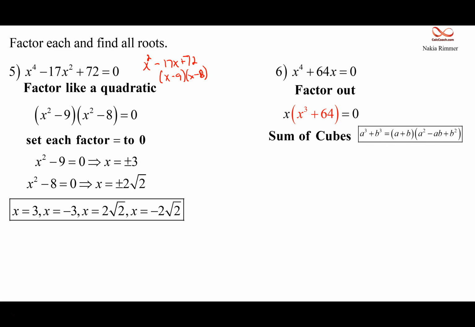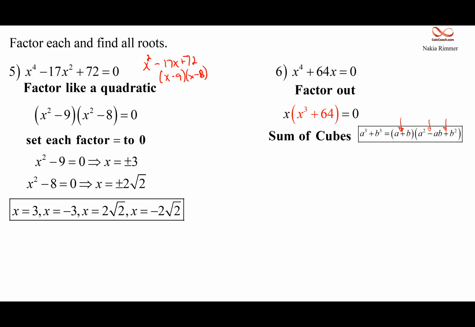You have the formula a cubed plus b cubed is equal to a binomial and a trinomial. The way you're going to remember the signs is you keep the same sign as the cubes have, and then you alternate here, and then the last one is always going to be a plus. So a plus b, then a squared minus ab plus b squared.